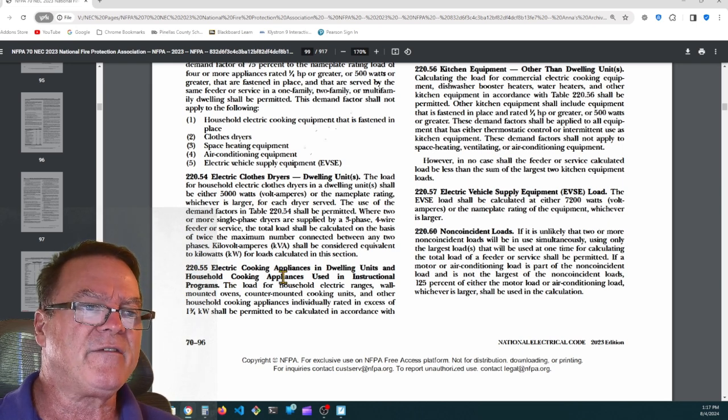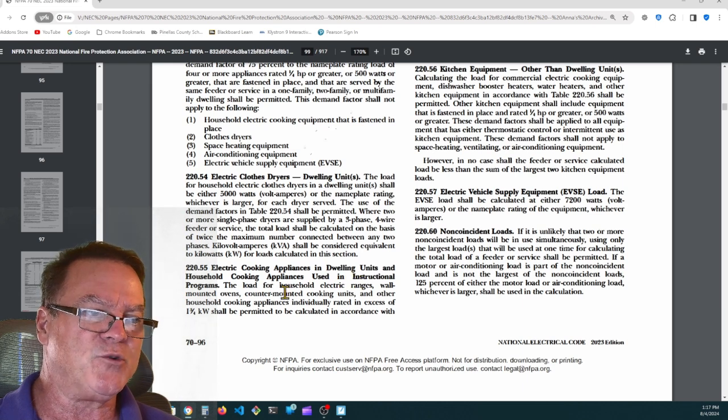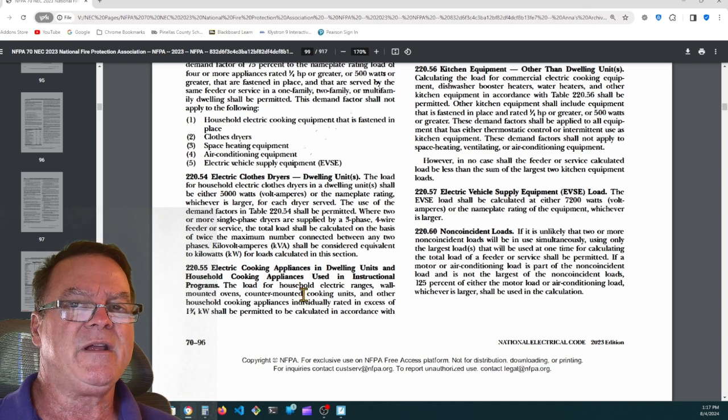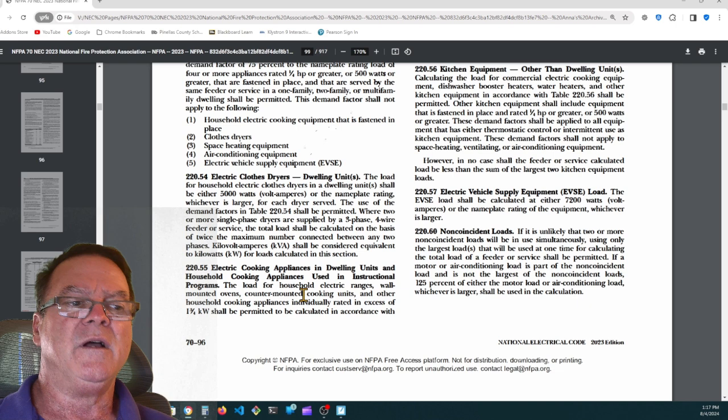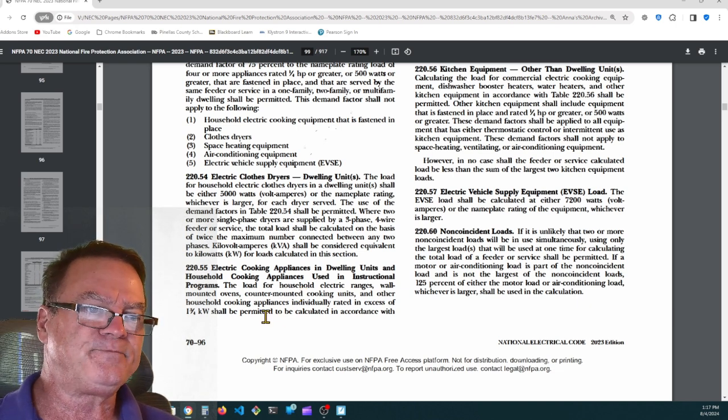Here's 220.55, electric cooking appliances in dwelling units and household cooking appliances. This gets pretty complicated, but I'm going to give you just the simplest form, and then we'll go on from there.